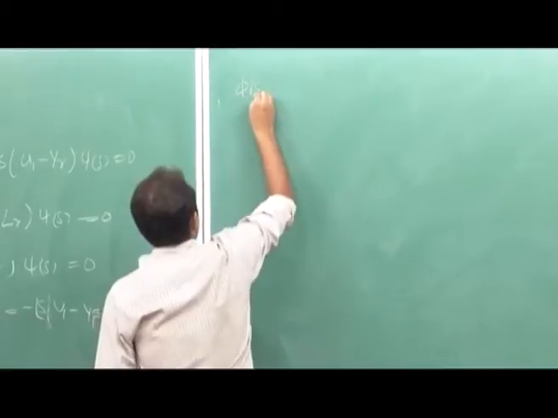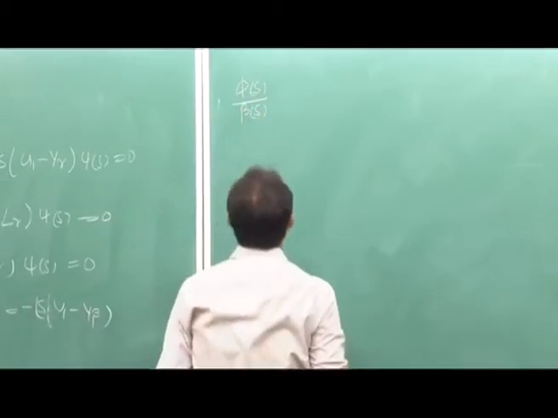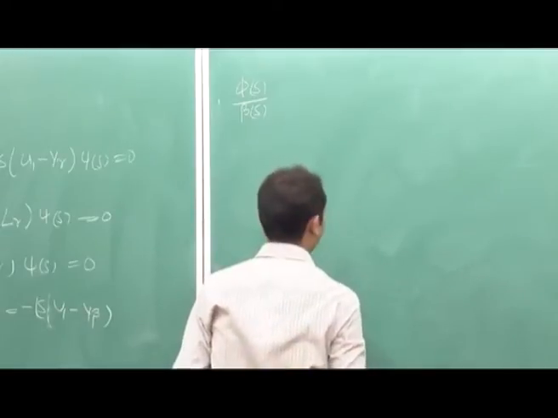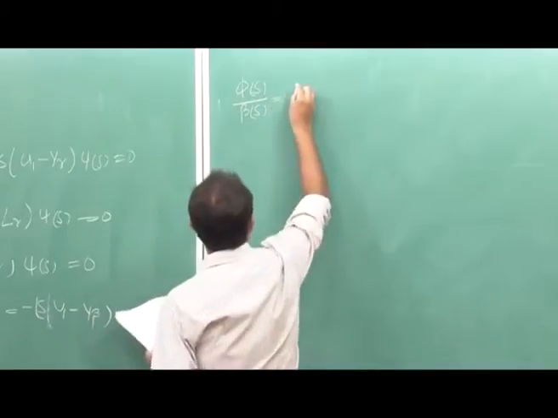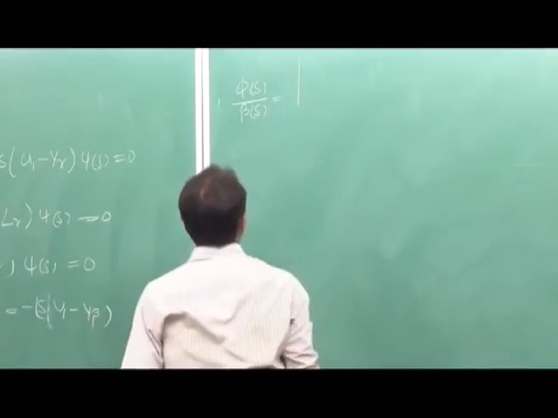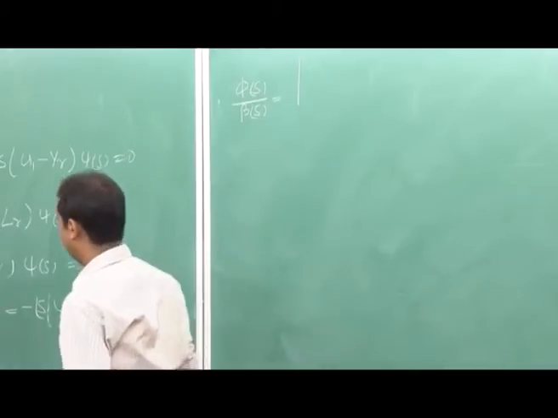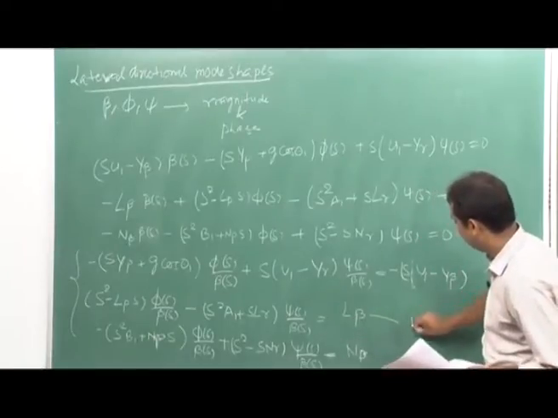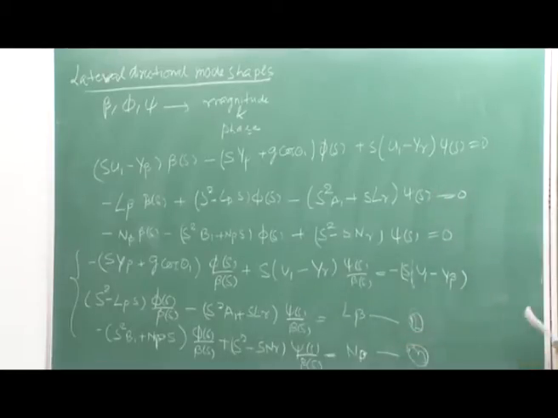We have already seen for the longitudinal case, while doing transfer functions, that you can derive the first variable by using Cramer's rule. So I am directly writing your transfer function, which will be phi of s upon beta of s, taking equations 2 and 3.